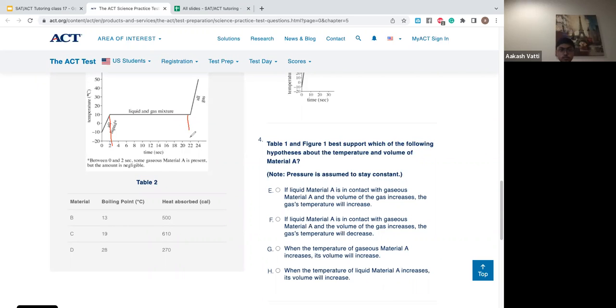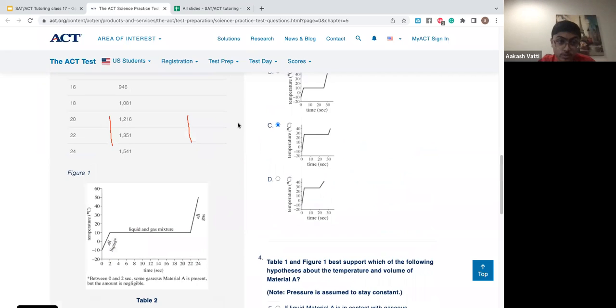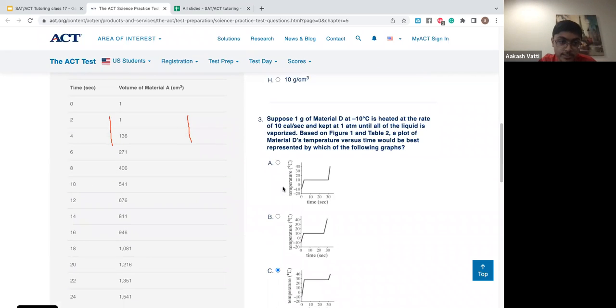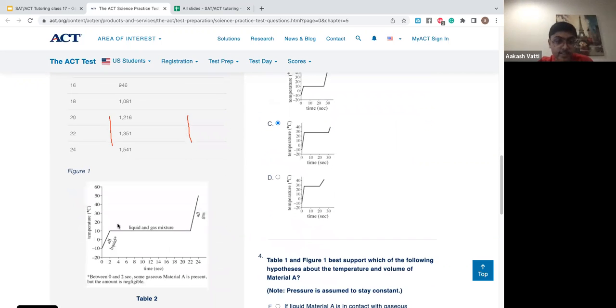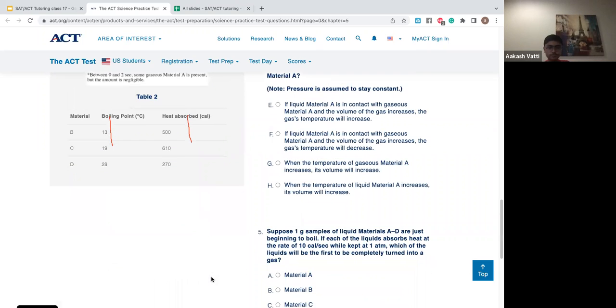According to table 1, the volume increased from 2 to 22, regardless of the fact that the liquid and gas mixture stayed roughly the same. And according to figure 1, the temperature of the mixture also remained constant. So it didn't really increase, therefore E can't be our answer.